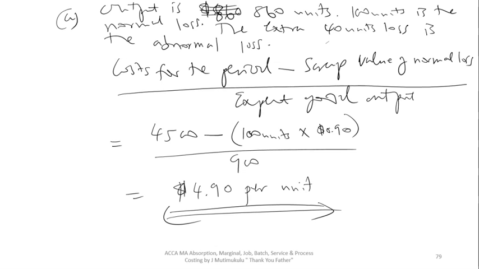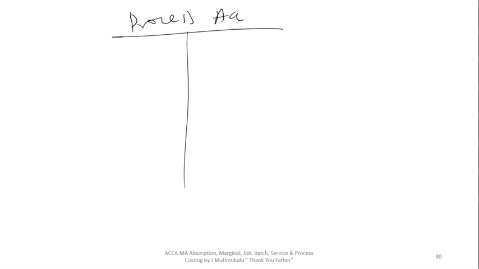Now let's do the process account for this information for part A. In the process account, you now know at this level that there are quantities and dollars. For the costs incurred, or the materials, the quantities were 1000, and they were costing 4,500.